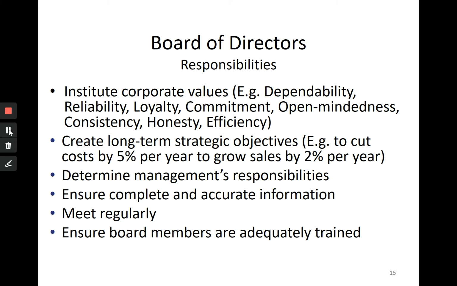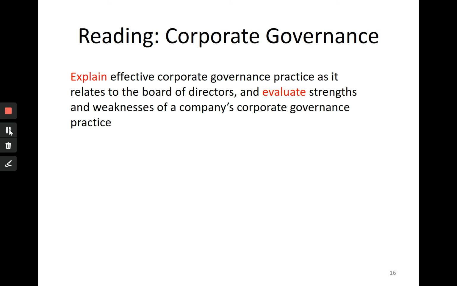Additional responsibilities of the board of directors are to push for availability of complete and accurate information, ensure that this information is shared within the corporation, to meet regularly, and of course, put processes in place so that board members are adequately trained. As a CFA or a financial analyst, we might be asked to evaluate whether a corporation has good corporate governance in terms of the board of directors that it has.